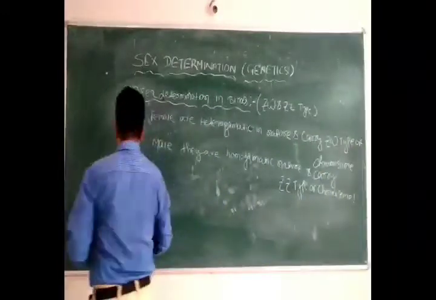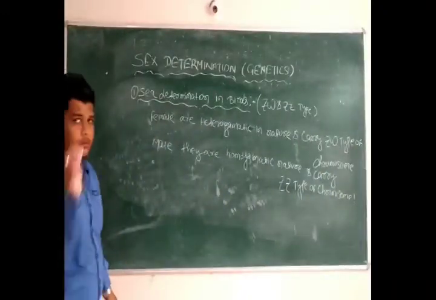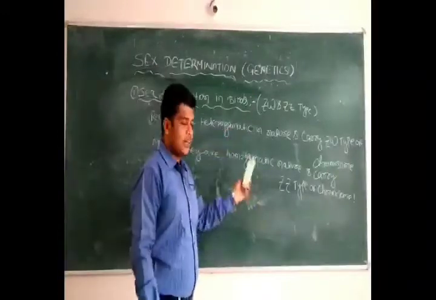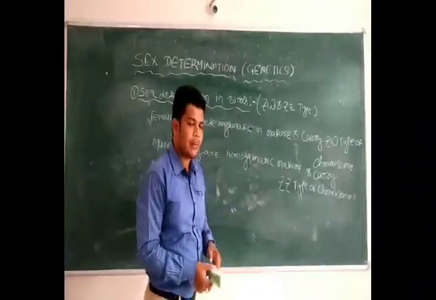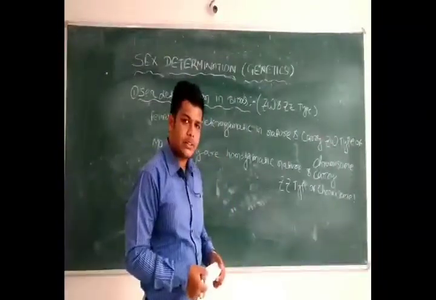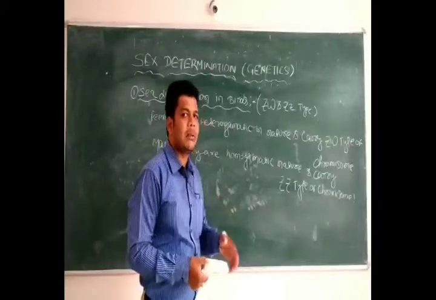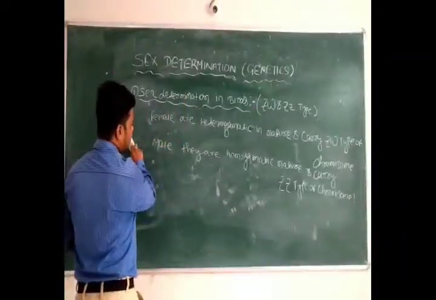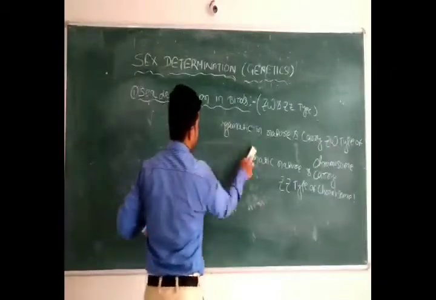In case of birds, there is a small variation. Here, the female are heterogametic. That means they can produce two different types of gametes, but the male are homogametic in nature. That means they produce similar gametes. Now we can determine the sex determination of birds.